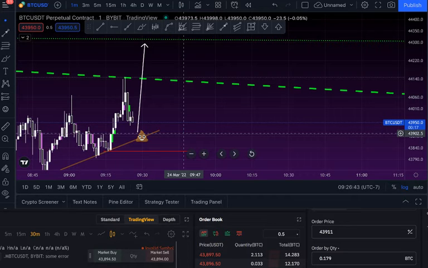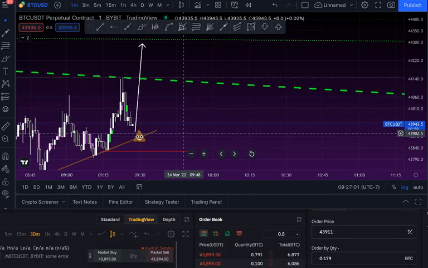ES, SPX, still in an uptrend. Still no structure break, same as Bitcoin, but let's see, it's starting to come up to resistance, I think.